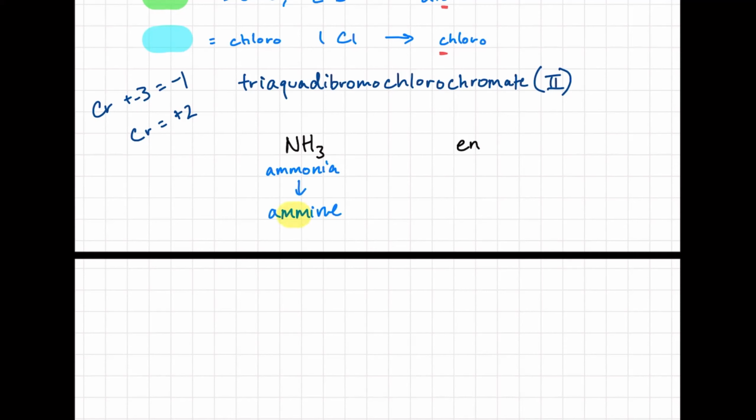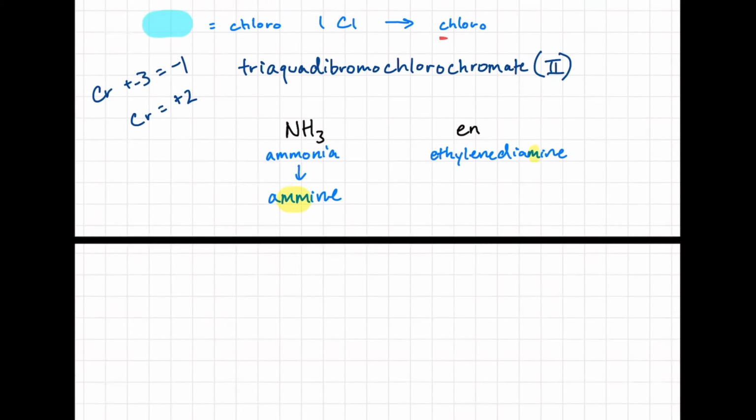En is ethylenediamine, but notice there's only 1 M. And so spelling does matter, because I do not want you to accidentally write an extra M and have points taken off, because I think they will take points off. Just double check your spelling for a lot of these things.